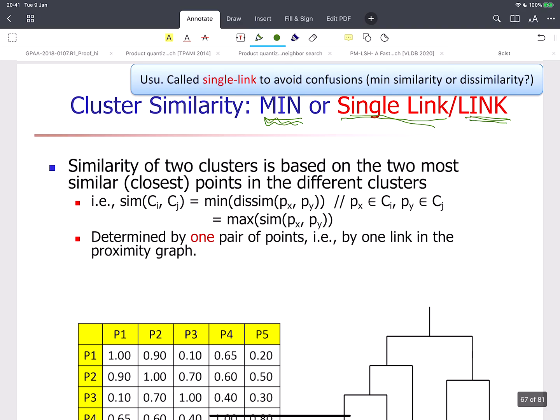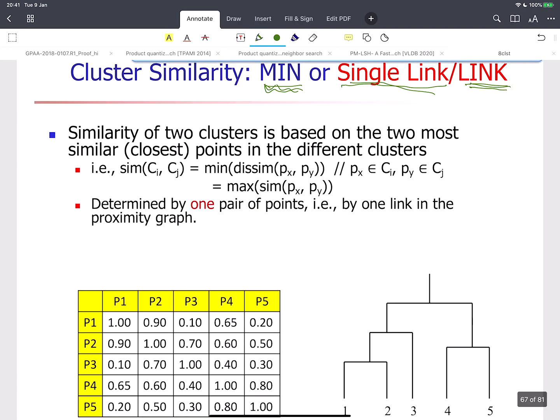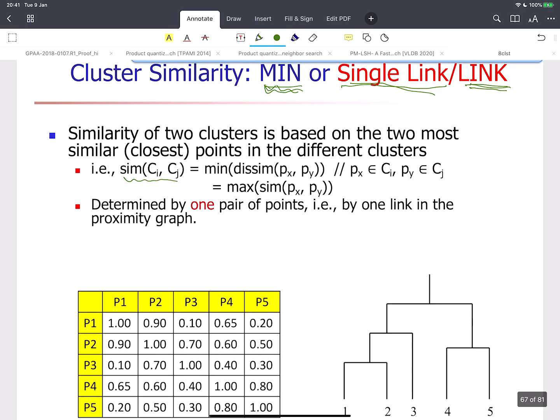To further add to the confusion, whenever we talk about similarity of two clusters, for example, when you want to select the two closest clusters to merge, if we are given a distance matrix, smaller distance actually means they are similar.